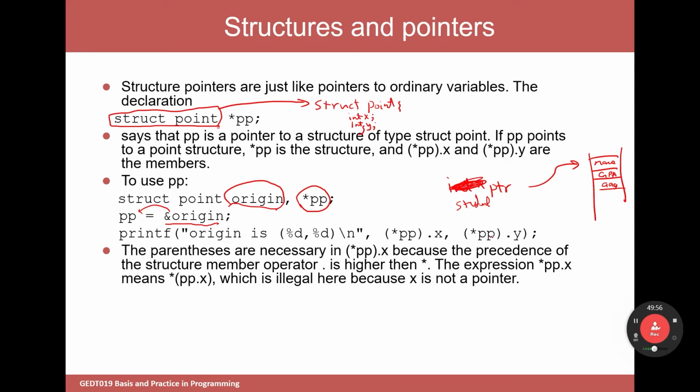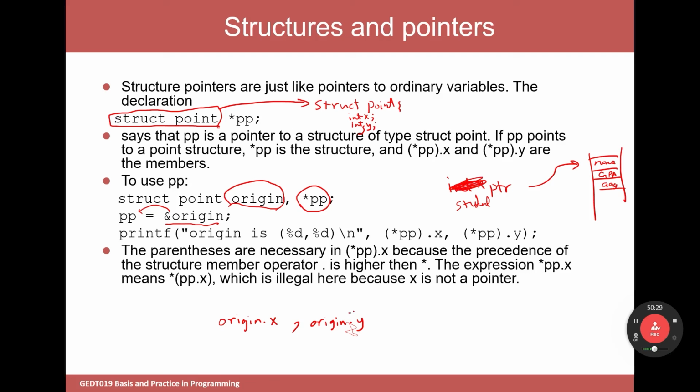I want to remind you, for example, if we have a structure variable origin, in this case we will say origin.x. This is how to print the value of x inside origin, and to print the value of y inside the origin, we say origin.y.